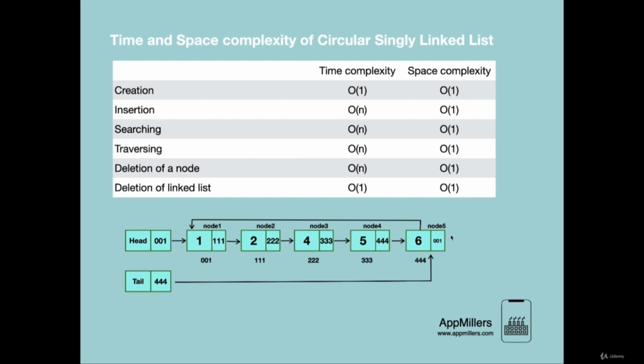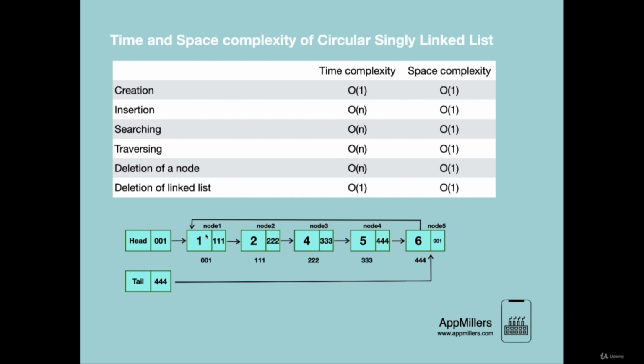Now the next operation is searching in circular single linked list. Here, as I said before, we are using linear search, which means that we are visiting each element one by one and comparing it with the value that we are looking for. If we are looking, for example, for the value 4, we need to loop through node 1, node 2, and so on until we reach node 3.